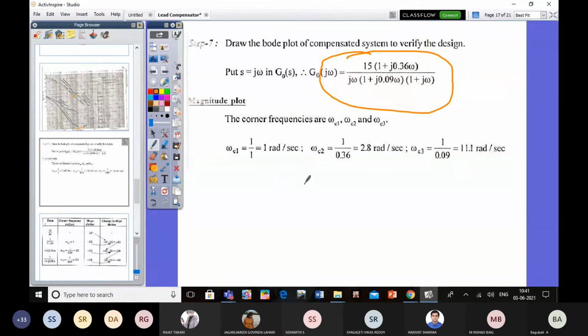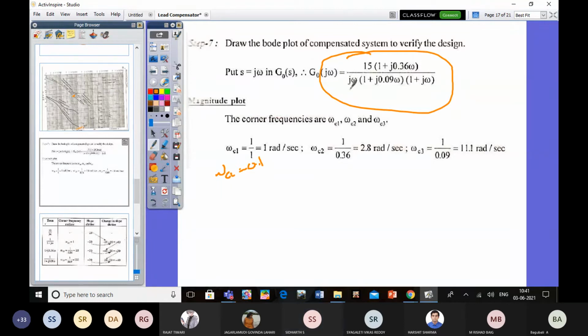Okay dear, so one frequency you have to choose is omega, 0.1. Next, what is the other frequency, dear? Tell me. 10 is also there here. Okay, 0.36. What is that frequency? That is equal to 2.